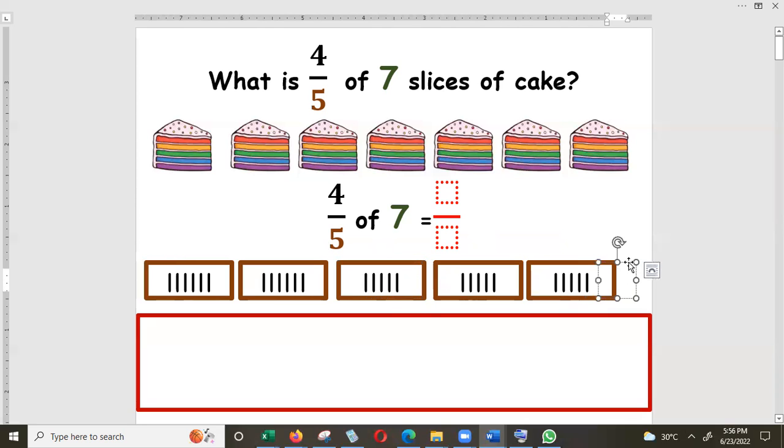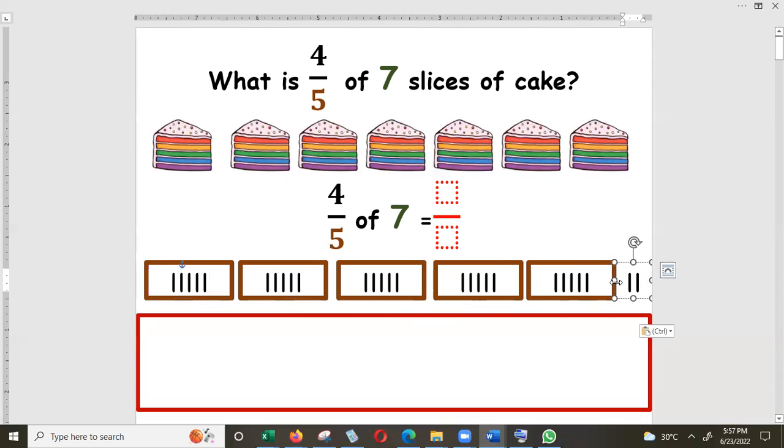As far as you can see, each of the 5 boxes is going to have 5, because they have to have an equal number of lines. So let's take out 1 there, put it outside. Let's take out another 1 and put it outside.